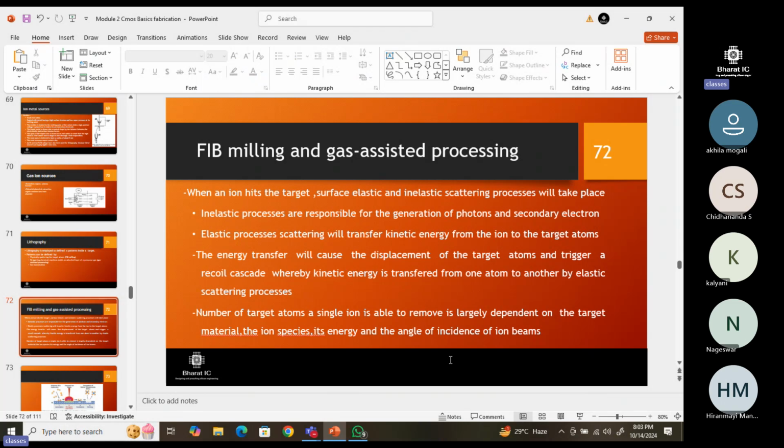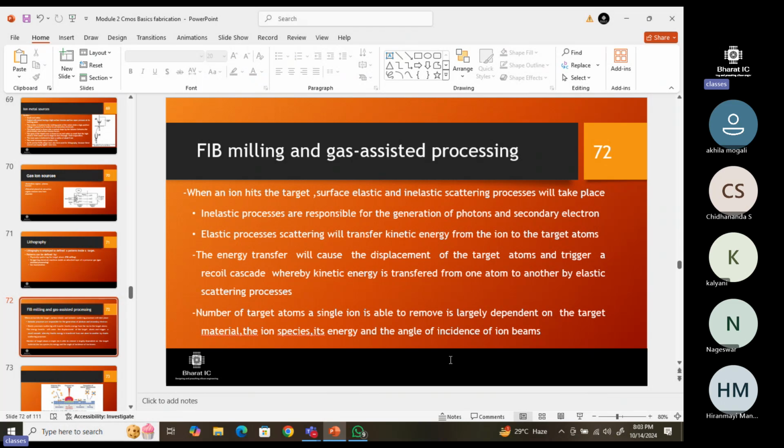So the transfer of kinetic energy from ion to atom depends on the target material, and the ion species, meaning from what metal or gas the ion is generated. These are the major factors of FIB milling and gas assisted processing.